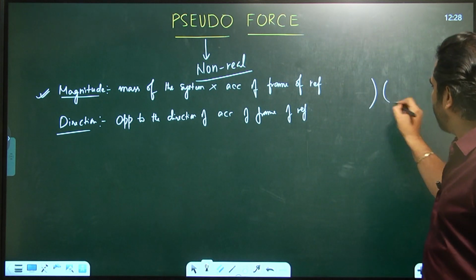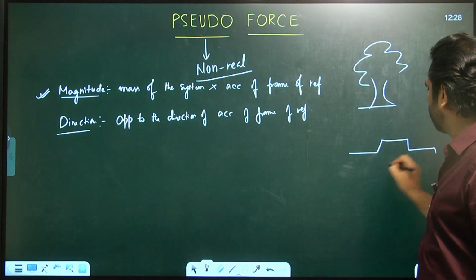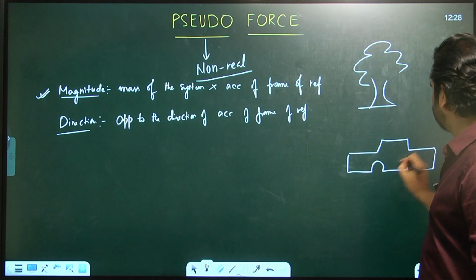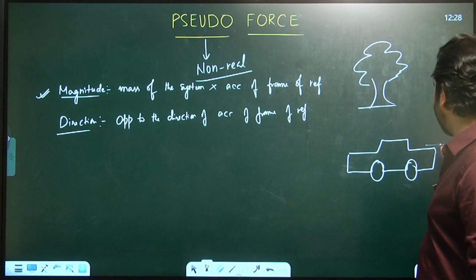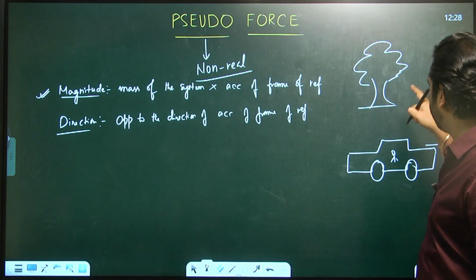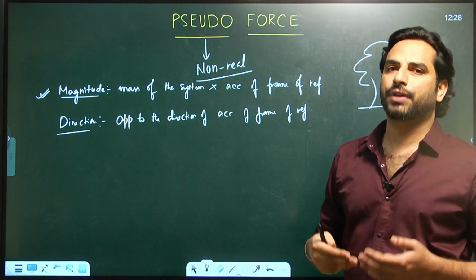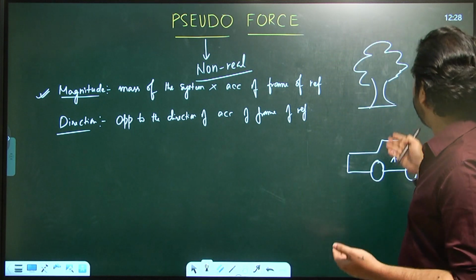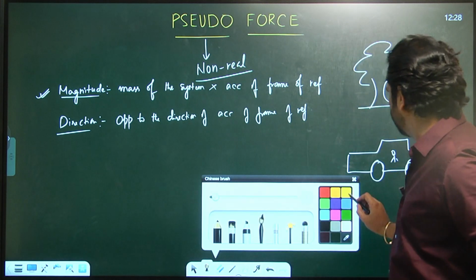Let us take the example of the tree and car again. So the tree is at rest, of course, and the car is accelerating. So when you try to apply Newton's laws from the car frame of reference, which is accelerating and which is a non-inertial frame of reference, Newton's first law and second law fail. But let us consider the pseudo force.